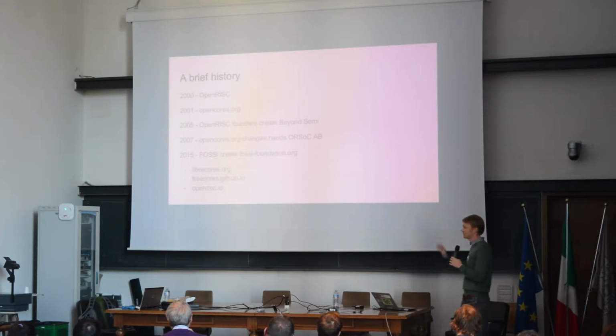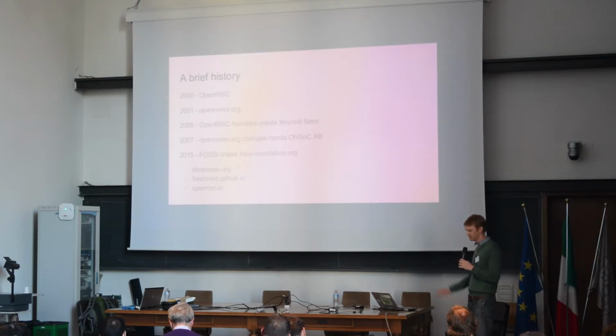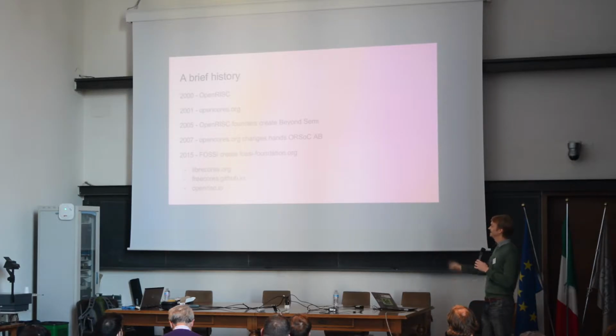So why is it that confusing? I'll give a brief history. Maybe these dates are not perfect, but OpenRISC, the OR1000 spec was started, and they were writing GCC for it back in 2000. I think it started in 1999, but I think it was publicly announced in 2000 by a few people. And around 2001, these same people, I don't want to mention names, started up OpenCores, but it's always been owned by a corporation.